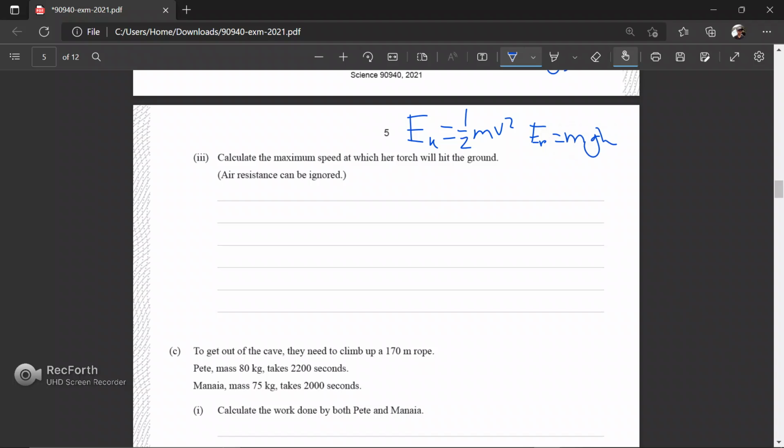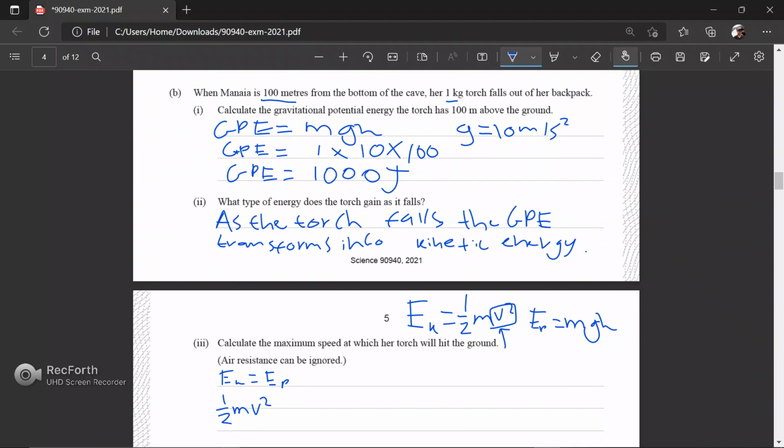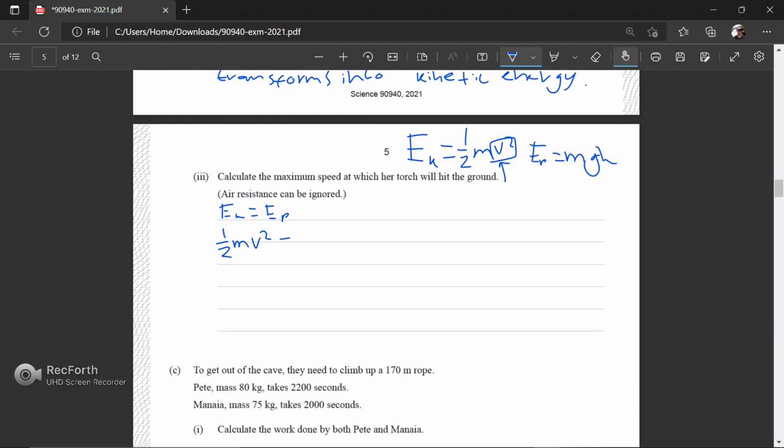The kinetic energy one has a velocity in it, so we're going to highlight that. Assuming the conservation of energy, we can say that EK equals EP. Since we have already calculated EP, we write half mv squared equals the potential energy, which we calculated as 1,000.